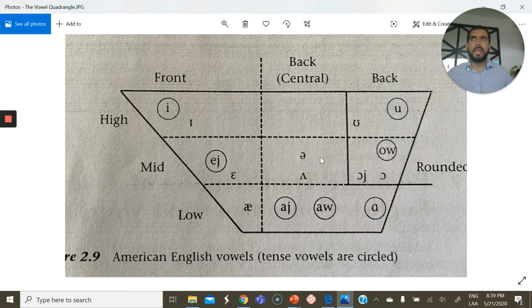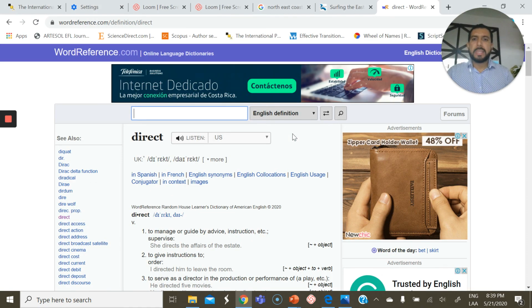So I'm going to say a sentence for you. Oh yeah, this is a direct representation of such and such and such. Direct. So I'm no longer saying direct, but direct. This is called vowel neutralization or vowel centralization, because what used to be a front vowel moved to the center of the vowel quadrangle. That's vowel neutralization.